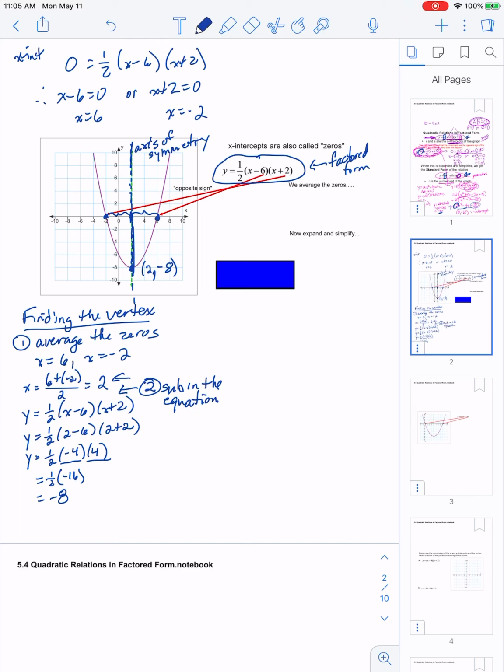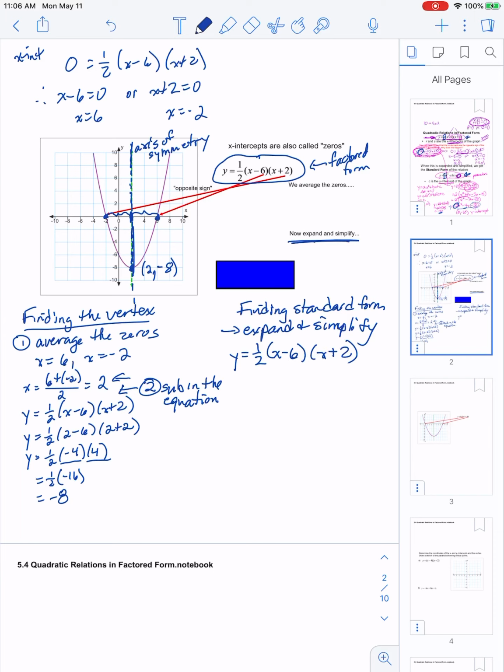Now, the second thing would be to expand and simplify factored form, and that will find the y-intercept. So finding standard form, what you do is expand and simplify. So 1/2 (x minus 6)(x plus 2).